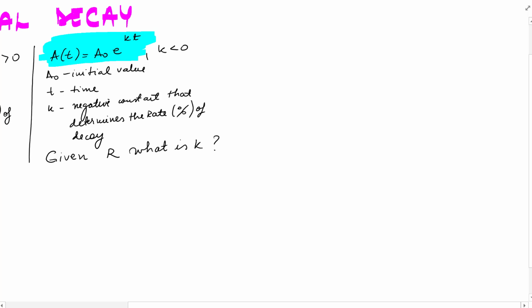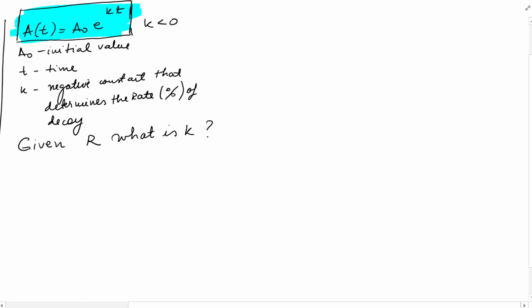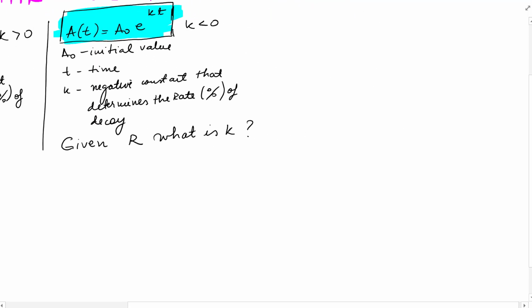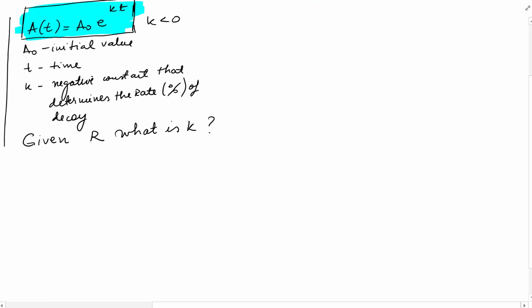What am I going to replace in here? Obviously I'm not going to replace k with r. So we're going to do like we did before. We want to figure out the value of k.